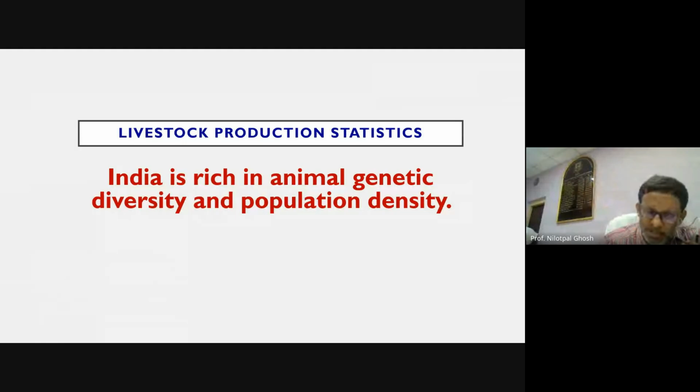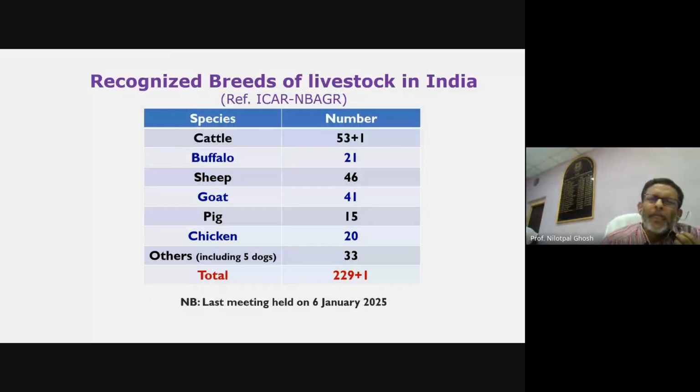We have to choose the breed according to the environmental situation of the area where we will go for the farming system, whether it is an integrated farming system or a simple farming system. Now, this is one chart.